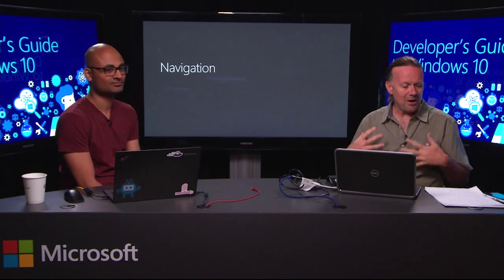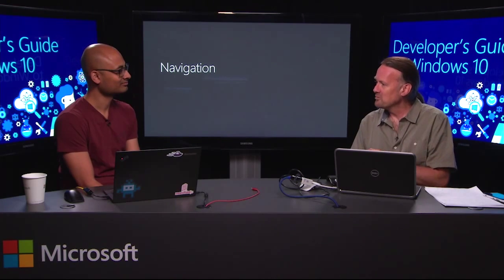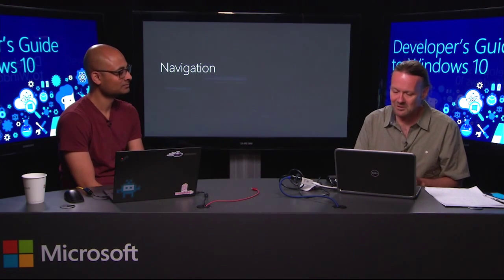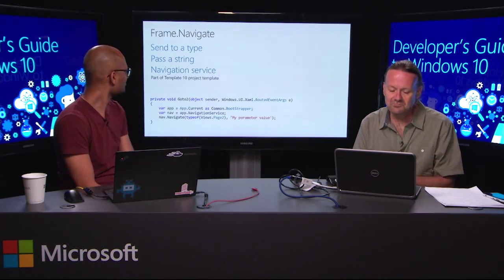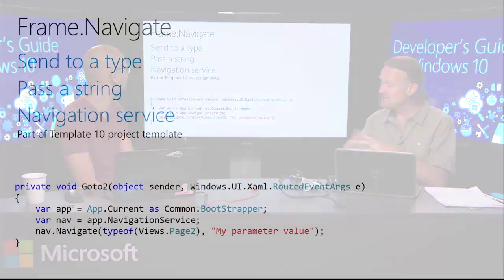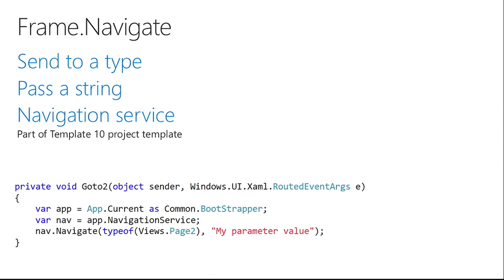Now then, let's talk about navigation. We'll start very simple, and then we'll get on to talking a bit more about the back stack. Now, in the last session, we were talking about the split view, and this becomes interesting. A frame is the container for your pages, and if you go and dig down in a File, New Project, you can actually see the frame being built.